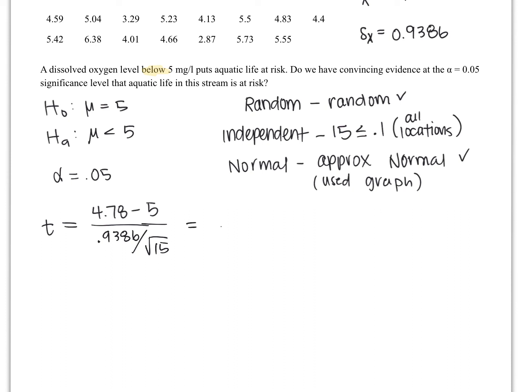And we're going to end up with negative 0.91 as our test statistic. So now we're going to go to tcdf. This time my lower bound is going to be negative 9s, my upper bound is going to be my statistic, and my degrees of freedom are going to be 14.